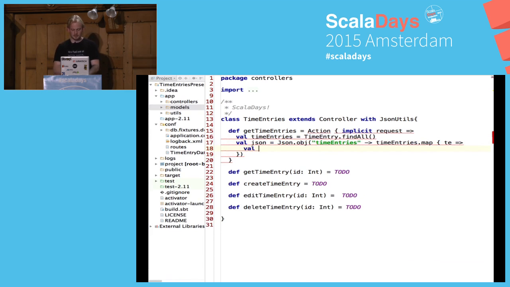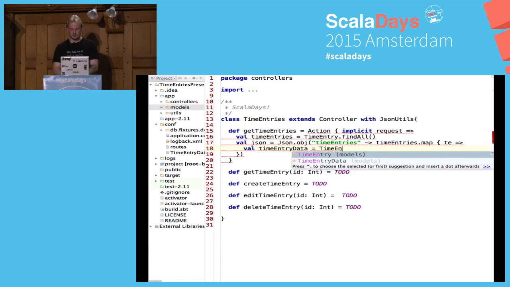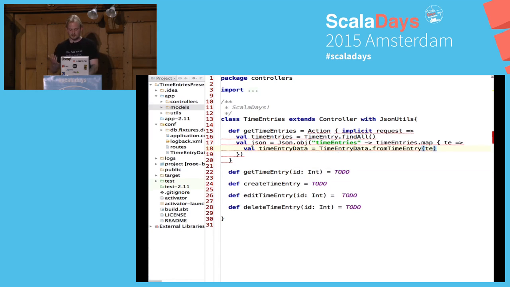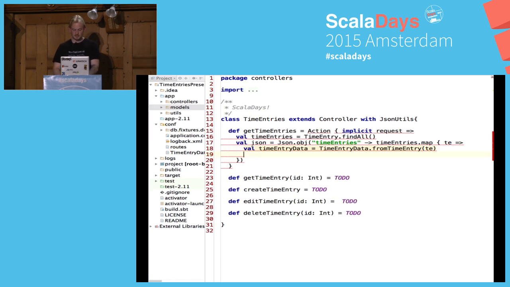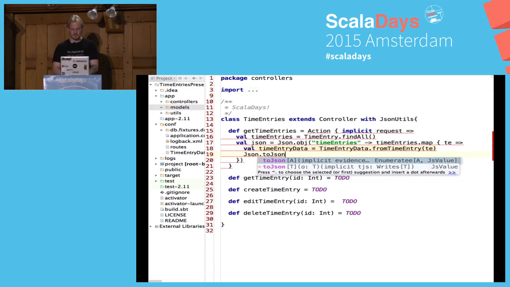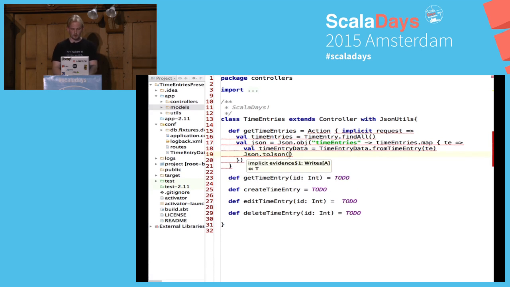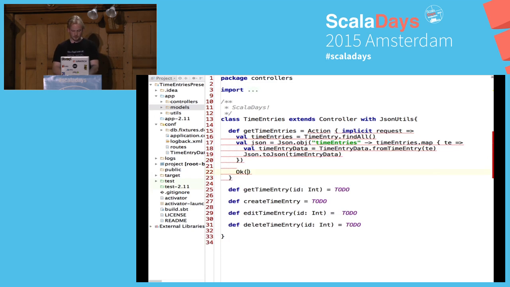So we create a value timeEntryData, and then we can use TimeEntryData.fromTimeEntry where we pass in the time entry, and now we have the TimeEntryData. And then we can use the Json.toJson method, and that will look in the companion object of TimeEntryData, and then it will create a JSON representation out of that. And then let's give back the result with the 200 OK with the JSON in it.